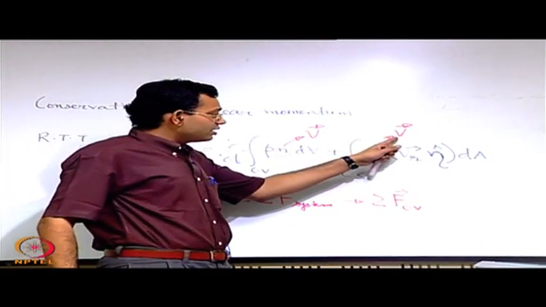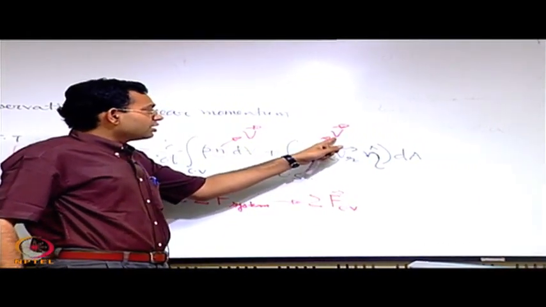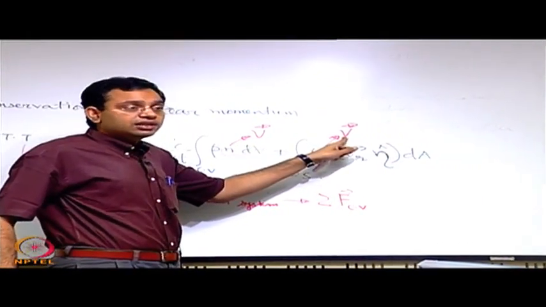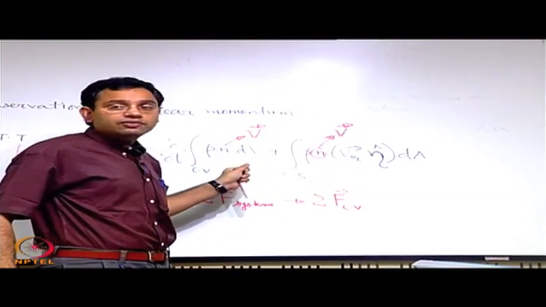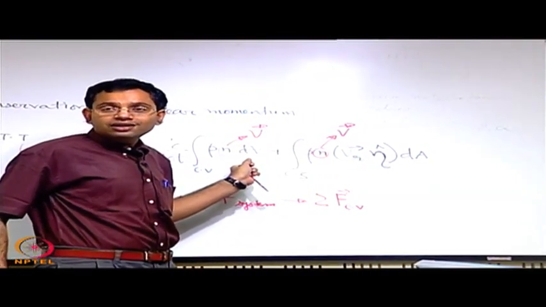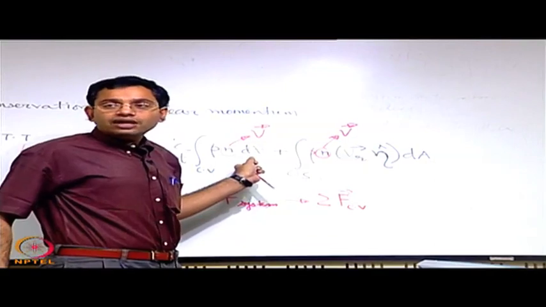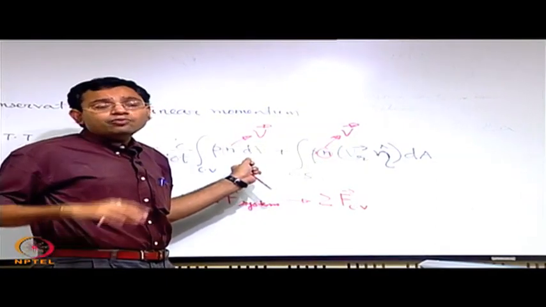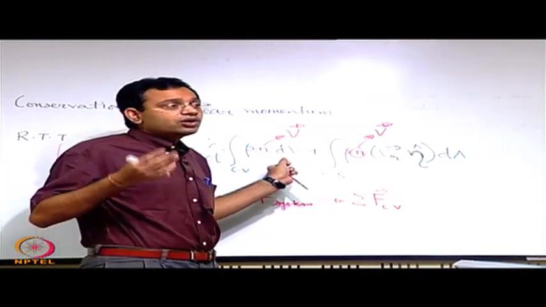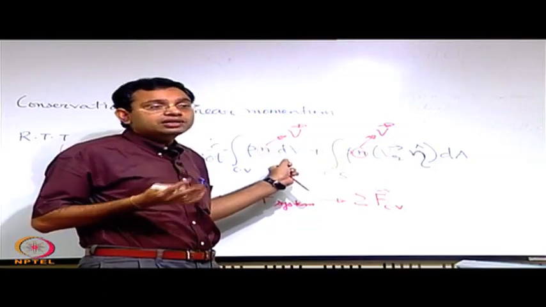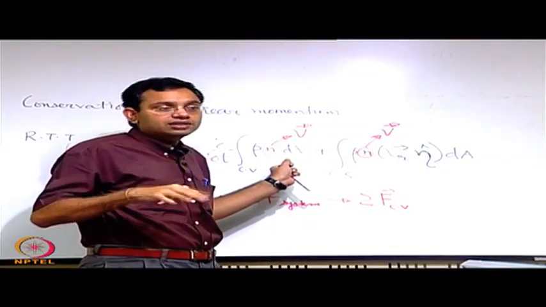Very important observation: this V is in a reference frame which is stationary, we have considered a stationary reference frame here. We will see later on that it is not necessary to have a stationary reference frame, we may have a moving reference frame, not only that, a reference frame moving arbitrarily with arbitrary rotation as well.